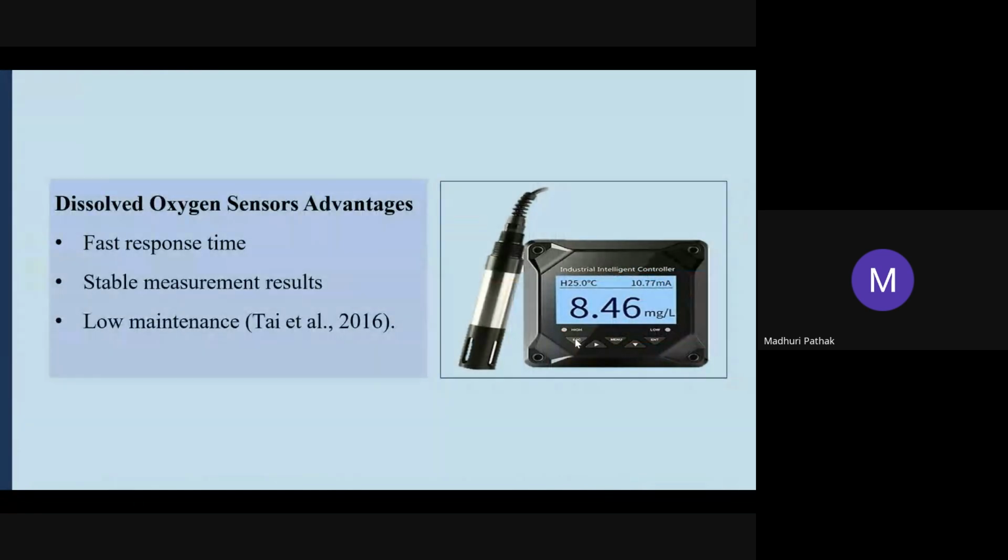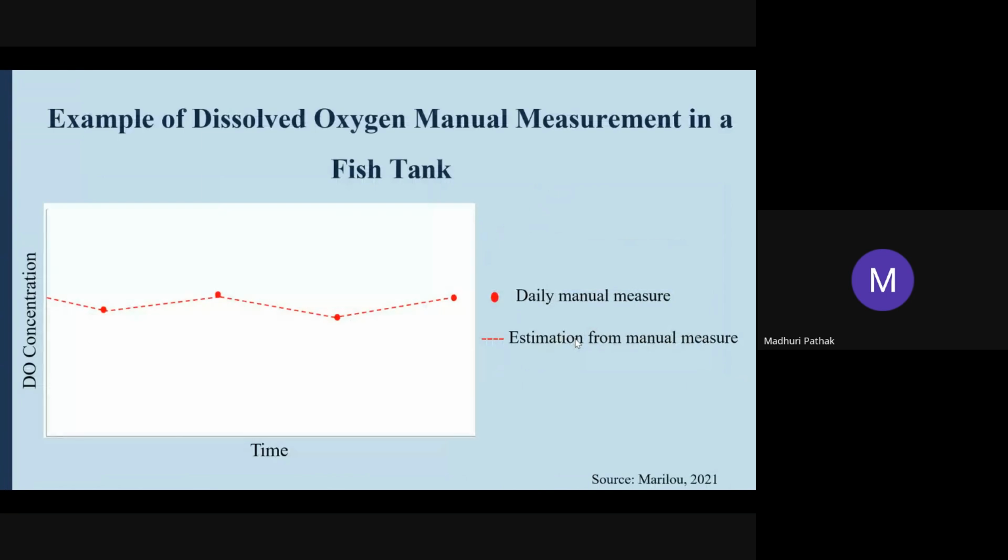The advantages of the dissolved oxygen sensor are a fast response time, stable measurement results, and low maintenance cost. Here is an example of dissolved oxygen manual measurement in a fish tank. As I said, you can also check the dissolved oxygen concentration manually from the fish pond. But the disadvantage is you don't know the exact decline of the dissolved oxygen and the exact rise of the dissolved oxygen in the pond.